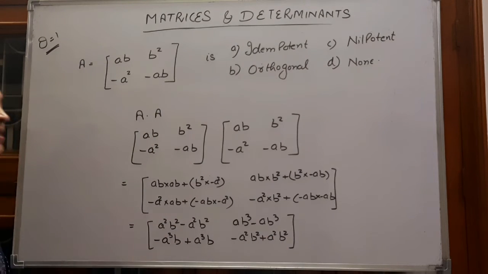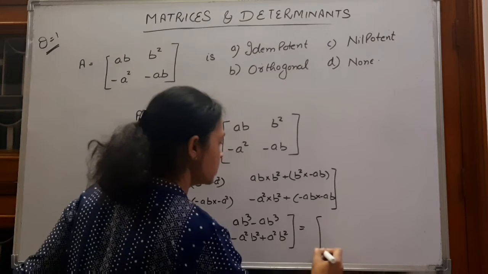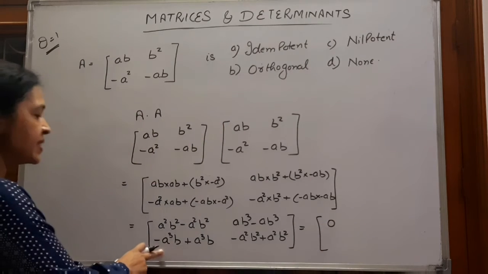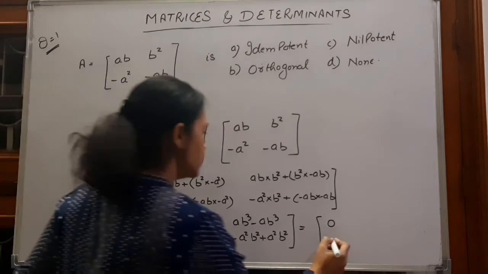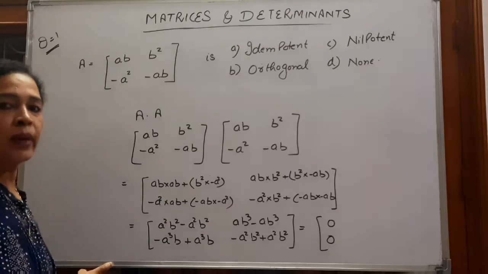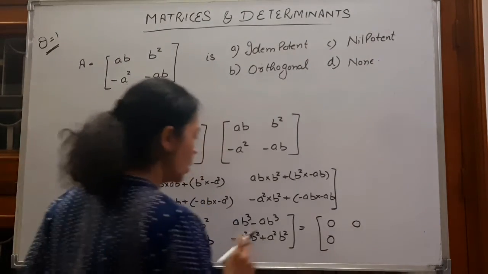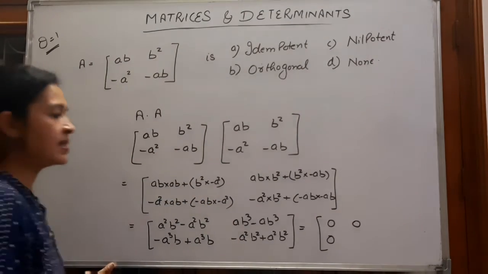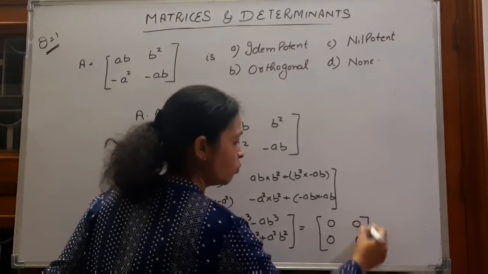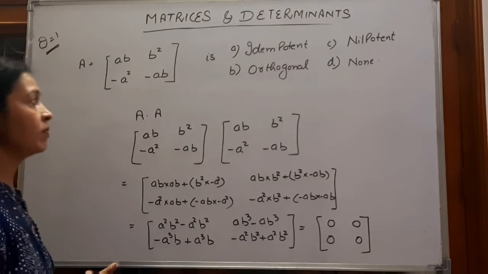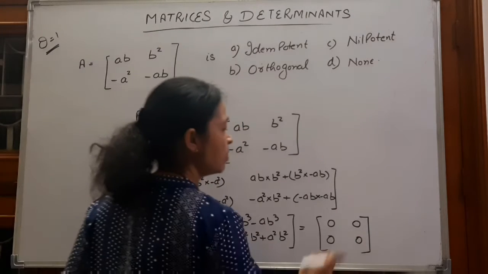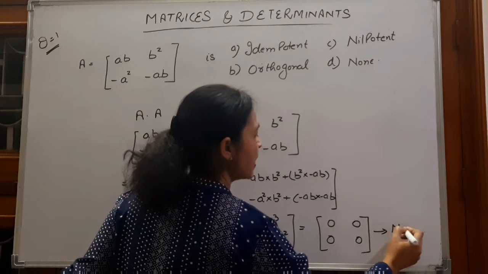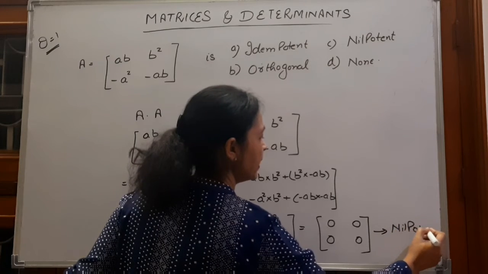A square B square minus A square B square, 0. Minus A cube B plus A cube B, 0. AB cube minus AB cube, 0. Minus A square B square plus A square B square, 0. What we have got? Null matrix. So this matrix is a nilpotent matrix.